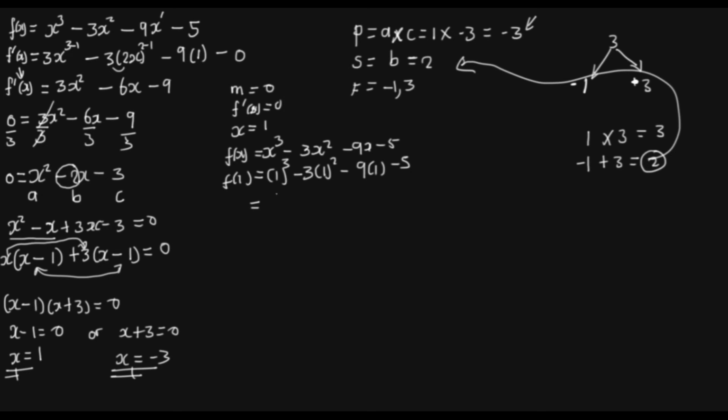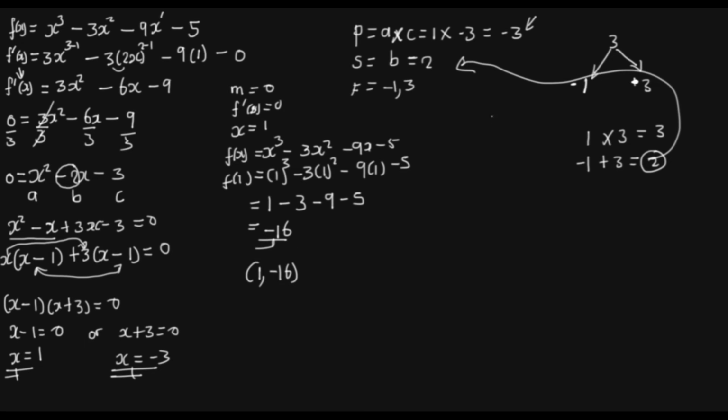So 1 raised to the power 3 is 1 times 1 times 1, which is 1. 1 times 1 is 1 times 3, 3, minus 9 times 1 is 9, minus 5. So you can now see here we have 1 minus 3 is negative 2, negative 2 minus 9, negative 11, minus 5, we get negative 16. So the first pair of coordinates is 1, negative 16.